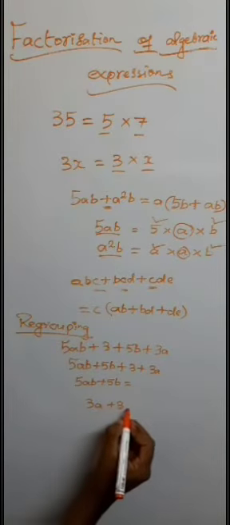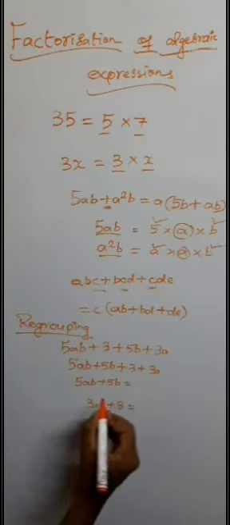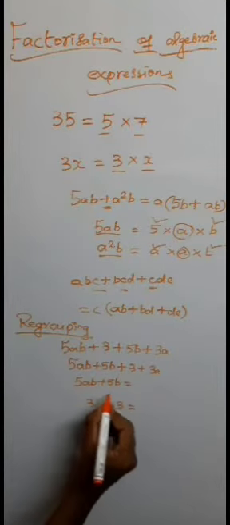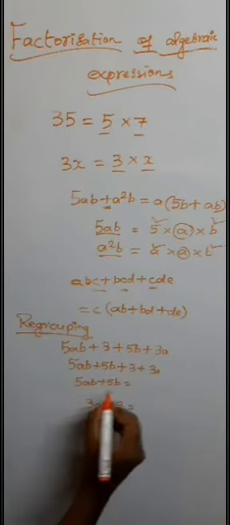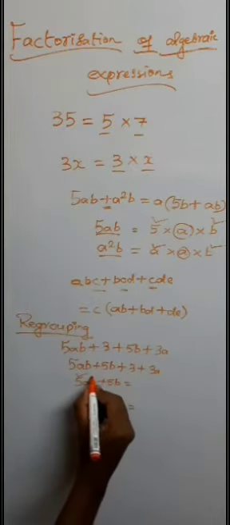Split it like this. What is the common factor between them? 5 and b are common factors. Take 5b outside.